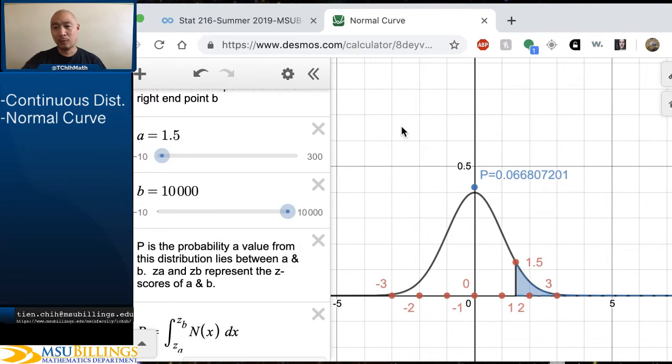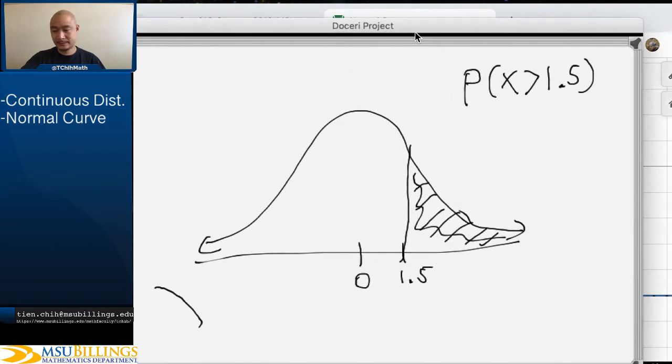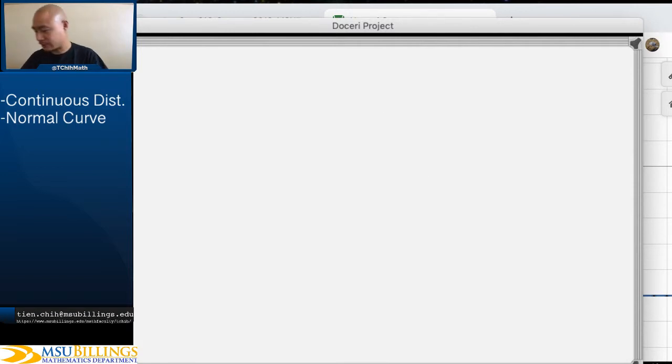So what about a non-standard curve? Let's say I have a curve whose mean and standard deviation is not 0 and 1.